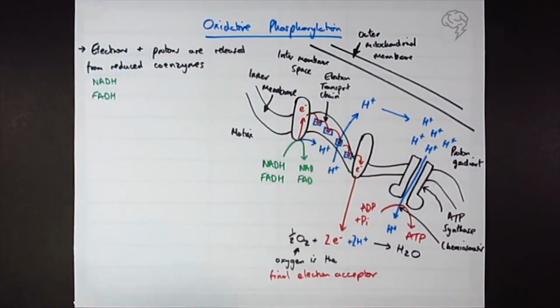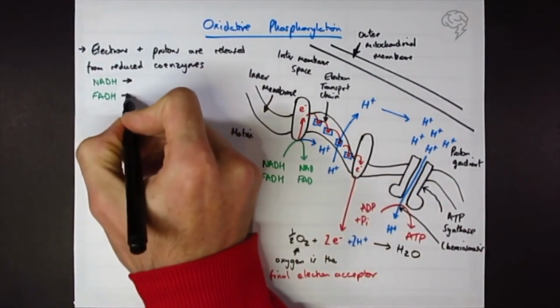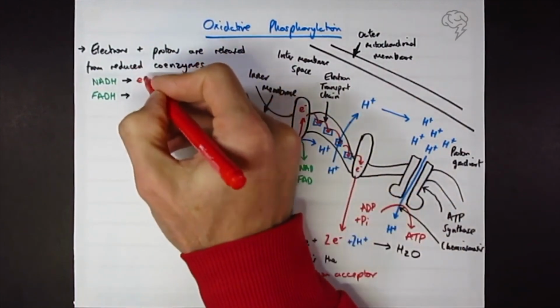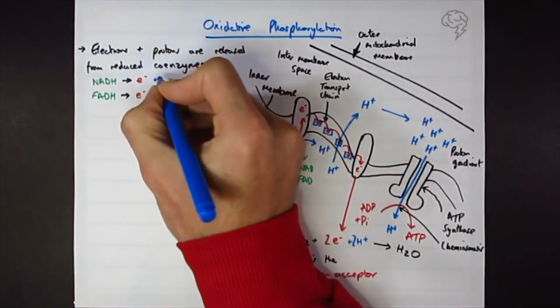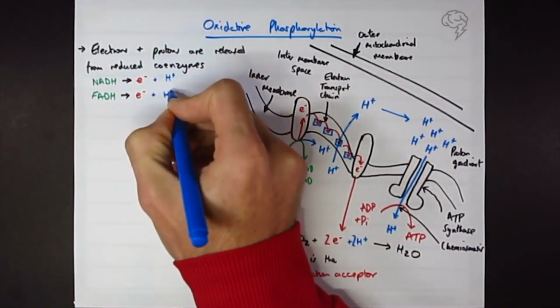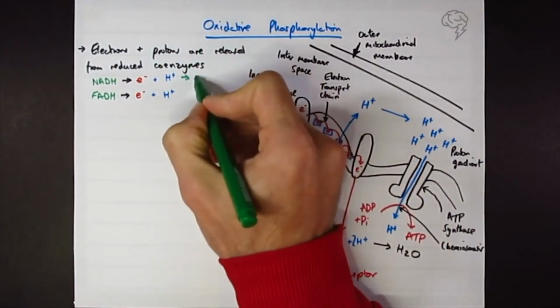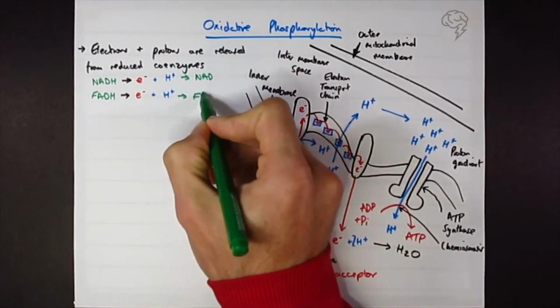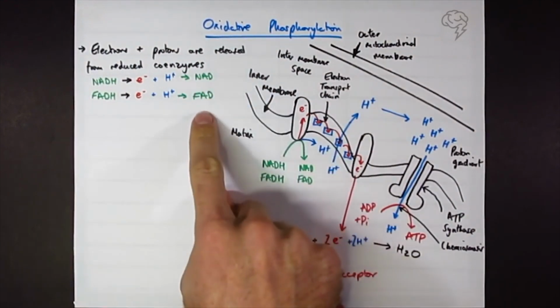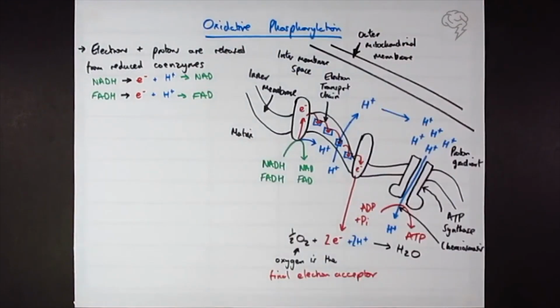So this is the reduced form. They've got the hydrogen and then they split into their component parts, which we're going to call electrons. We're going to have hydrogen ions or protons. Again, you can use those two terms absolutely interchangeably. And then these are obviously regenerated. They're not going to be wasted or broken down. They're going to go back into the earlier stages of aerobic respiration to be reused.